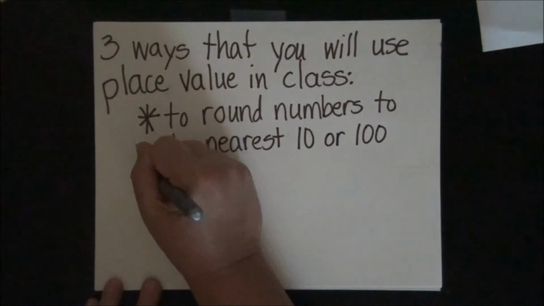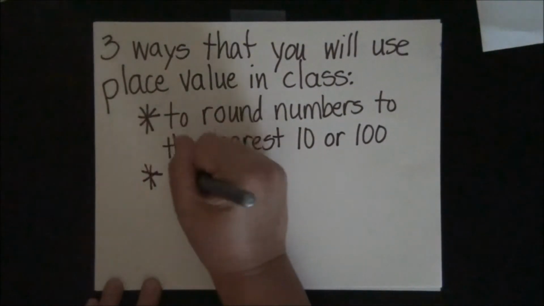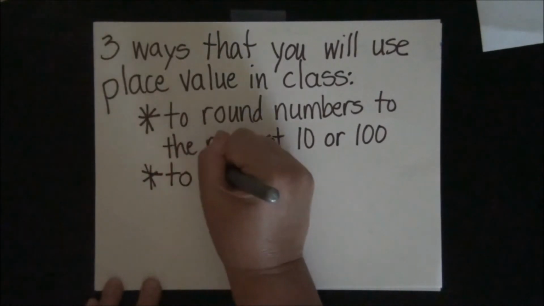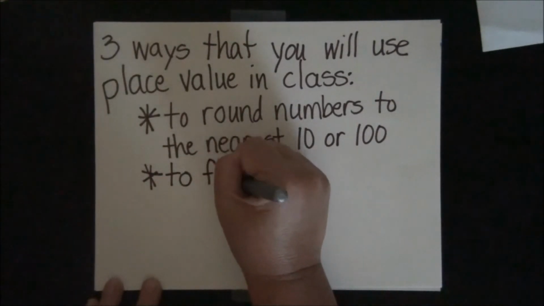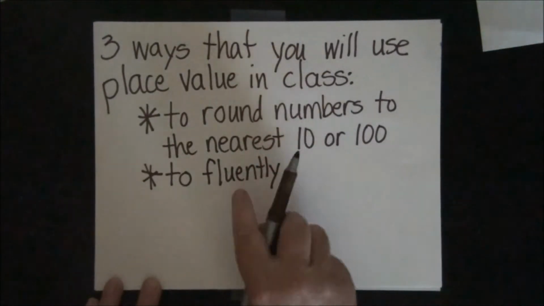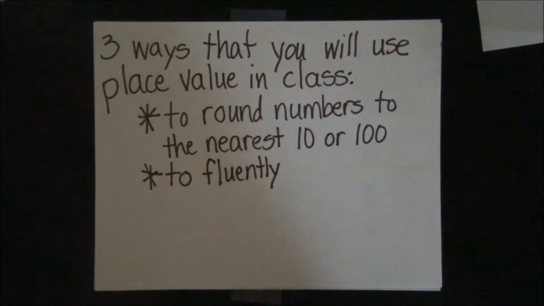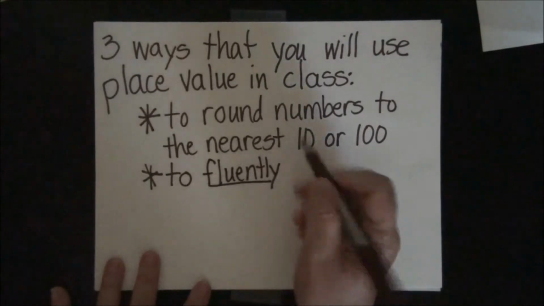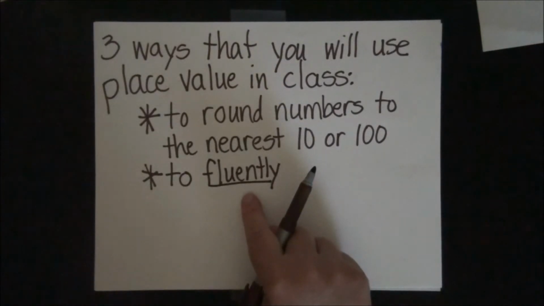Okay, you will also use it to fluently, that means very well, like effortlessly. When someone's fluent in a language, that means they know how to use language in writing and in talking and all that. So fluently is important. It means you do it smoothly and quickly.